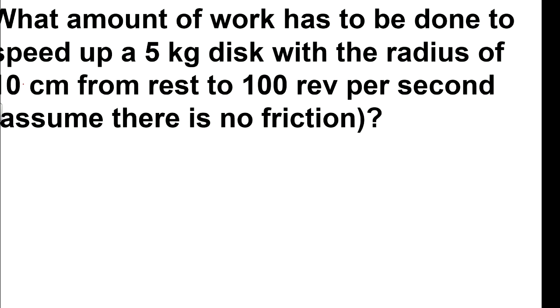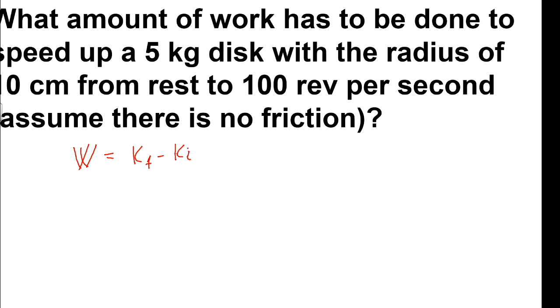This problem is just about units, basically, because the equation is very simple. What amount of work has to be done? Well, the total amount of work by everything else acting on this should be equal to kinetic final minus kinetic initial. This equation is not new.